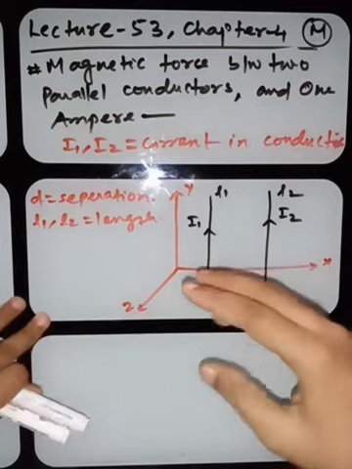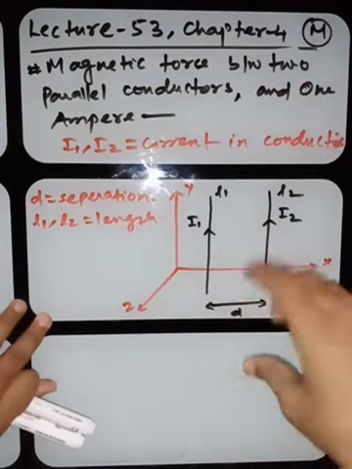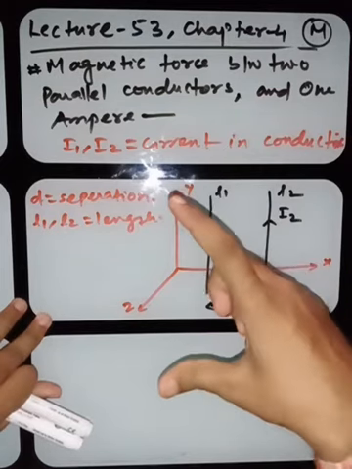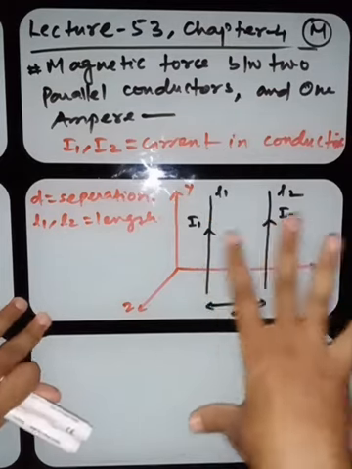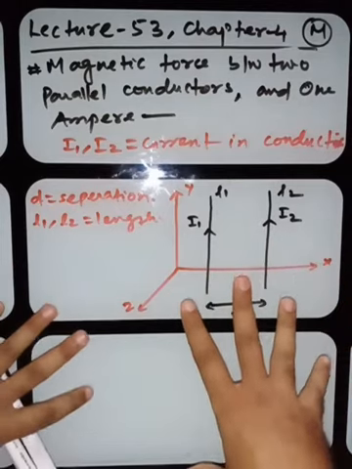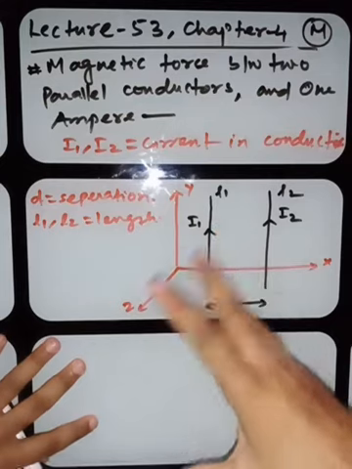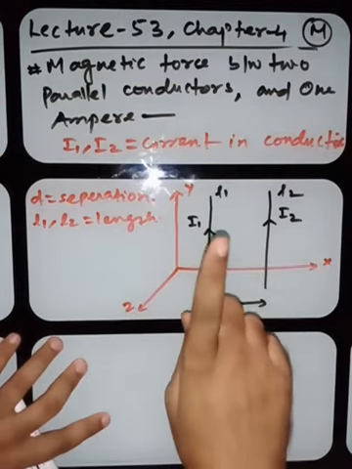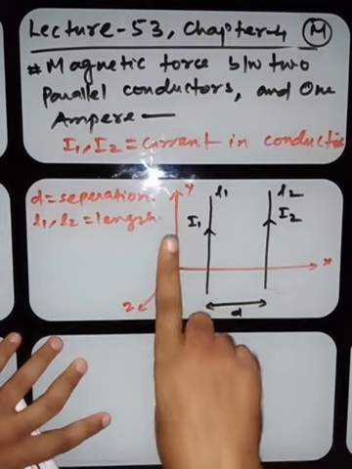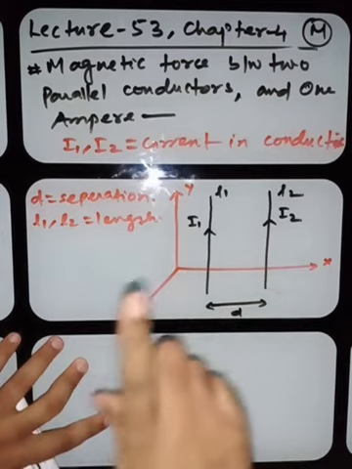Remember, we have studied that if we place a conductor inside a magnetic field, it will experience a force. But here you cannot see the magnetic field directly, it is not given. Then how will it experience a force? Remember, if current is flowing through any conductor, that conductor produces a magnetic field around it.